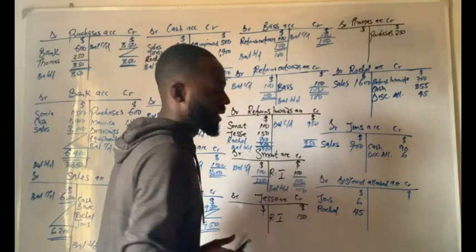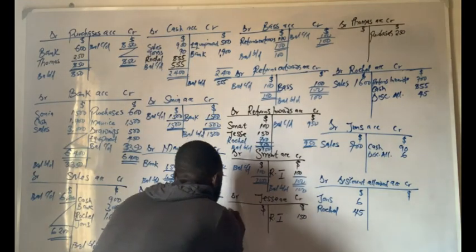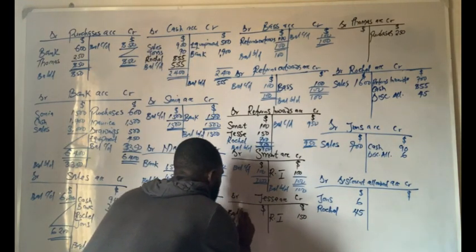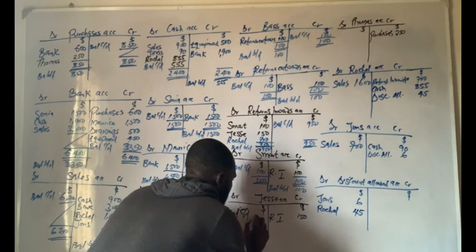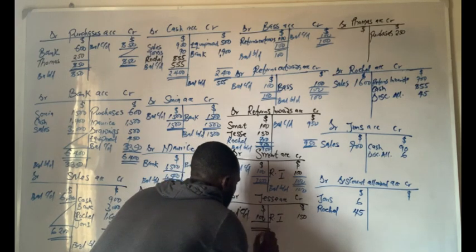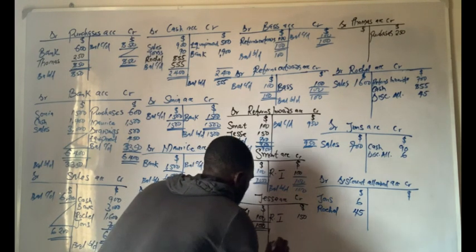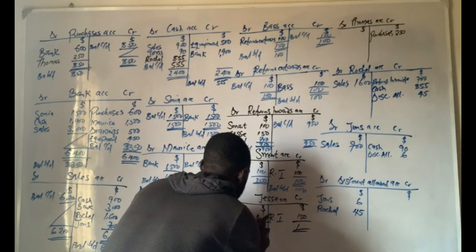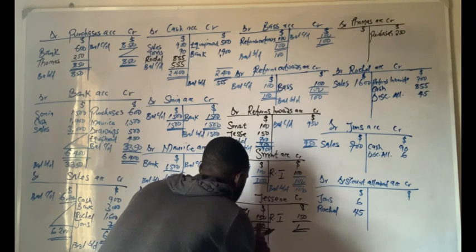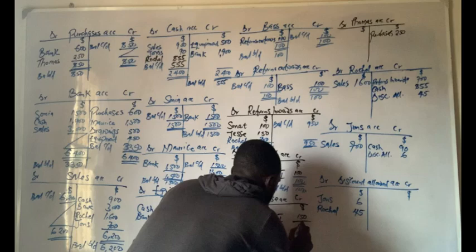So JC account now is going to be balance carried down, which is 100. Total is 100. And then our total also is, sorry, is 150, not 100. Then 150.